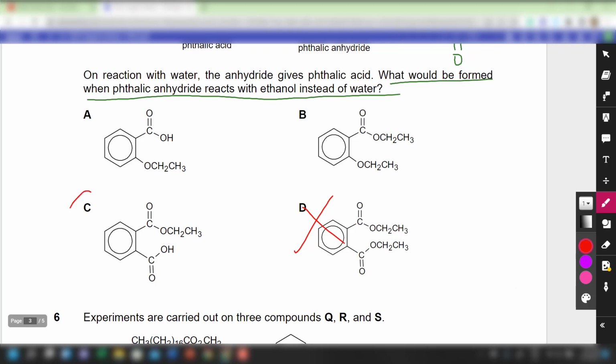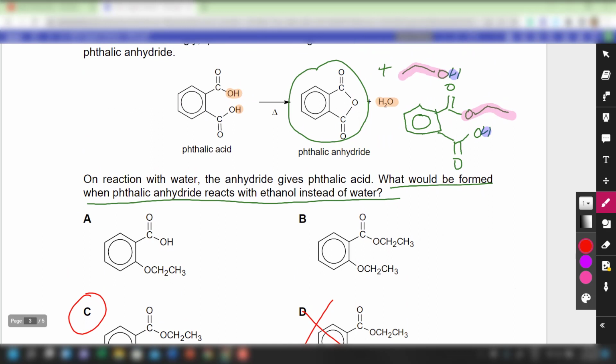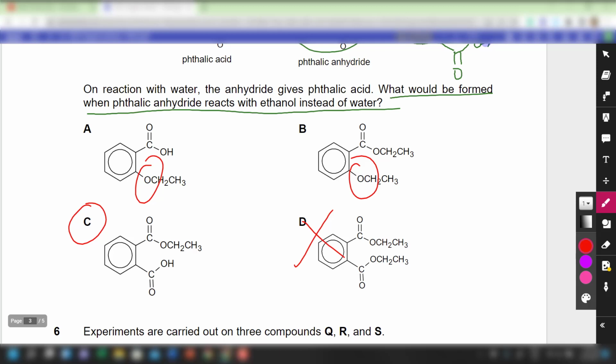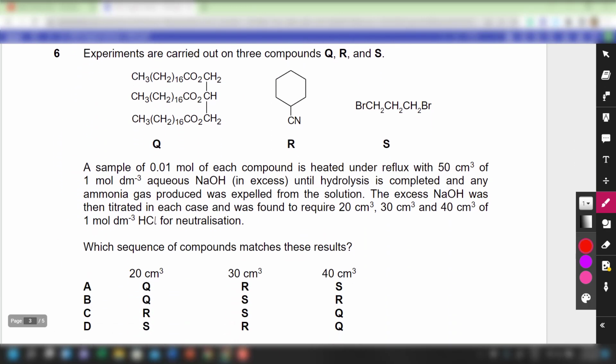Therefore the best option will be C. The remaining 2 options are definitely nonsense because if you look over here, it's an oxygen instead of a carbonyl carbon group. So A and B can never be the answer. Most of the time it's a struggle between options C and D.